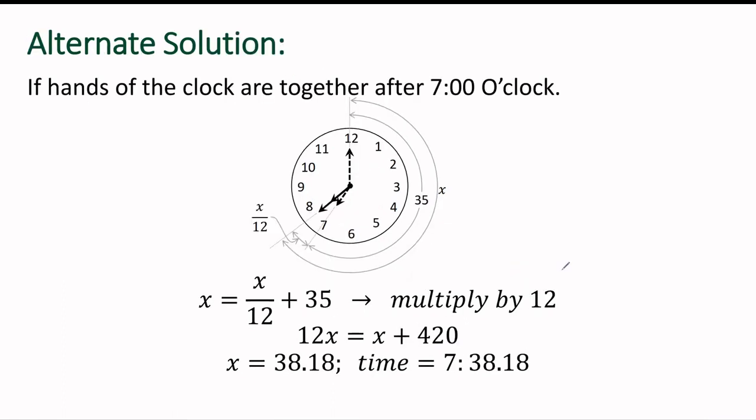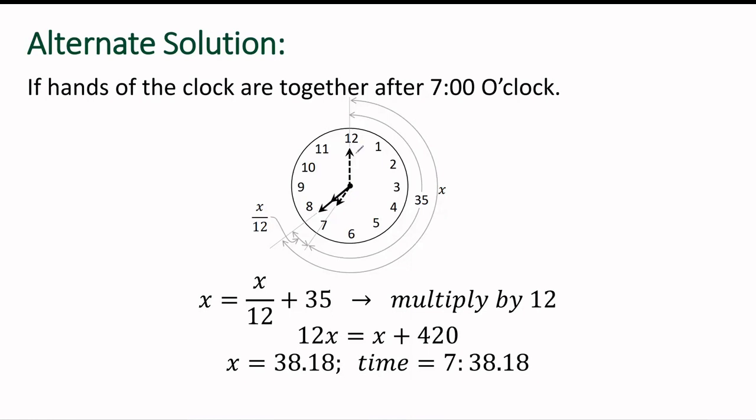Okay, so an alternative problem: if the hands of the clock are together after 7 o'clock. So another situation like the earlier 12. From 7 here, they are together after, since at 7 they line up again.